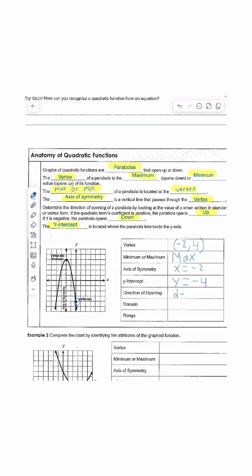It's not facing up, so this would be a downward-facing graph. My domain's always going to be all real numbers. And my range is going to be y is less than or equal to +4, because all the y values of this graph are going below 4.